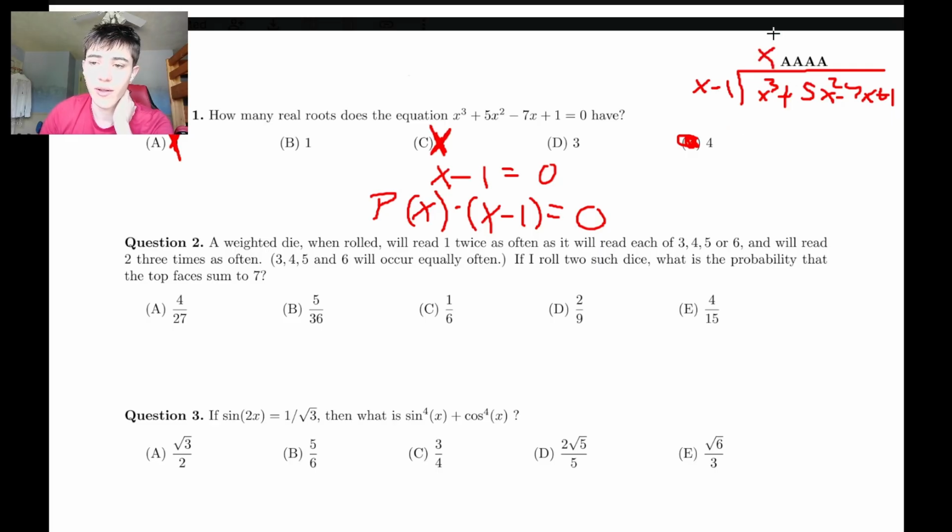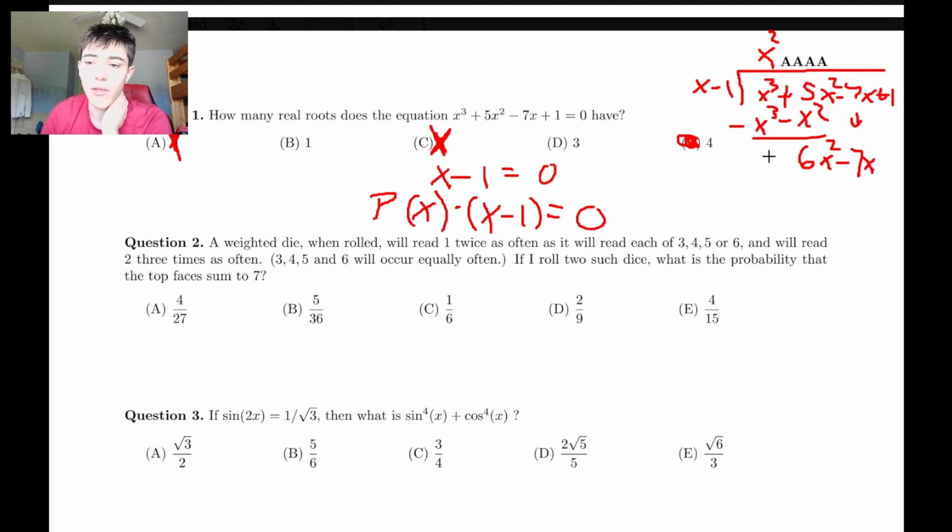So we would write above that x squared, and then this would be x cubed minus, and then we have the minus 1, so it's minus x squared. And then we find the difference here. This would be 6x squared. And then we'd bring down this minus 7x, so 6x squared minus 7x.